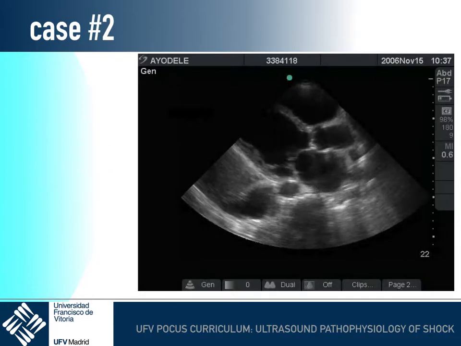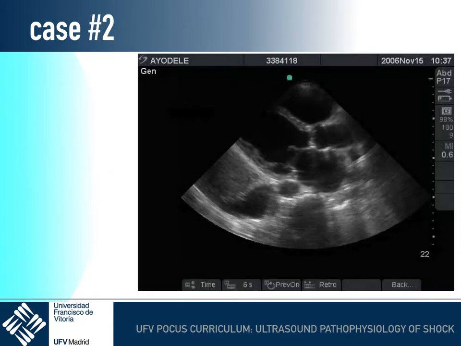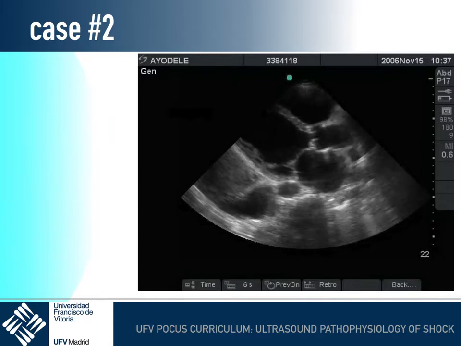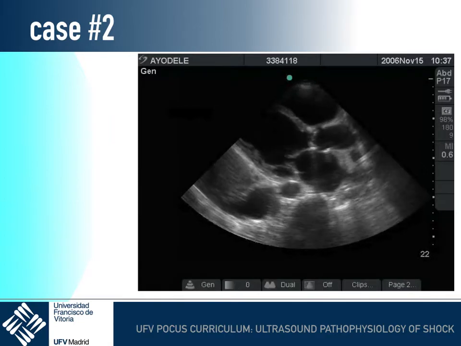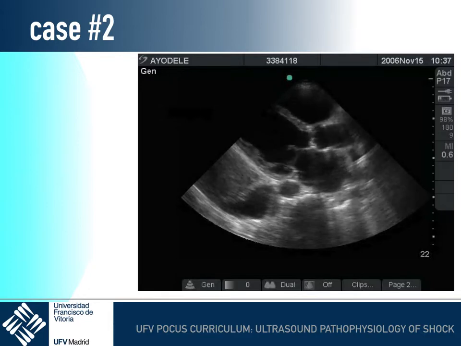There's a poor valvular motion, probably not related to the valve itself, but to the absence of flow, the absence of strength of the blood that can open the valve. So with no motion, there's no problem here that can be solved with fluid for sure.